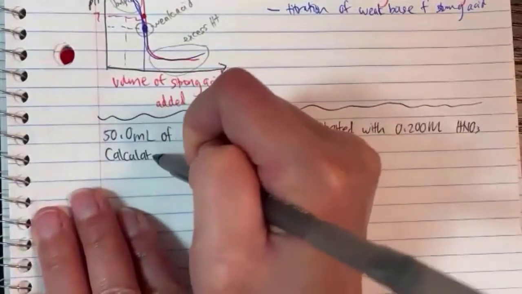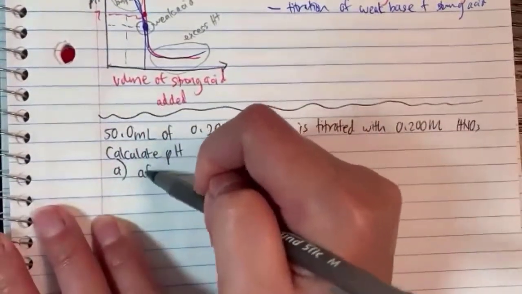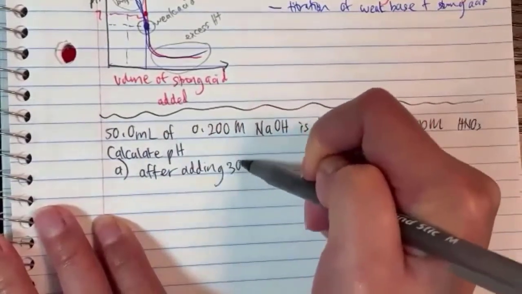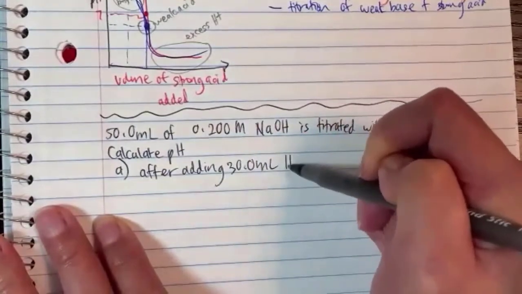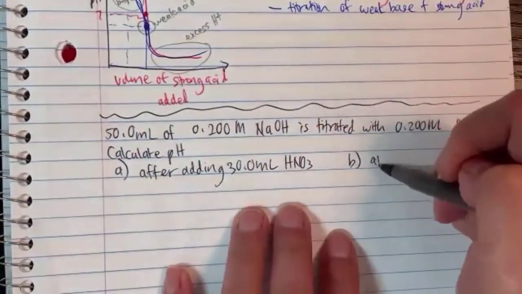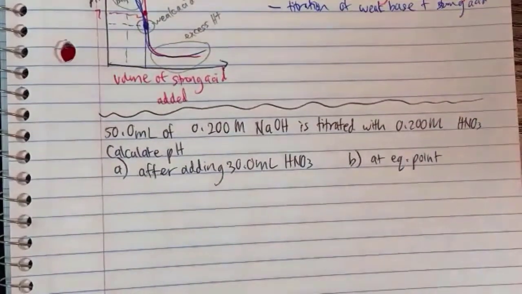Calculate the pH (A) after adding 30.0 mils of HNO3, (B) at the equivalence point.